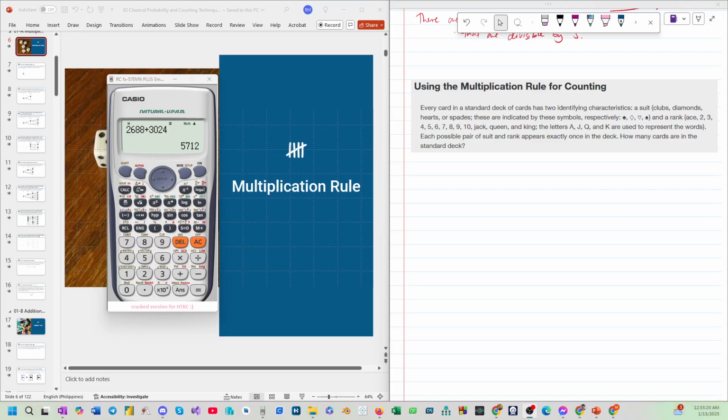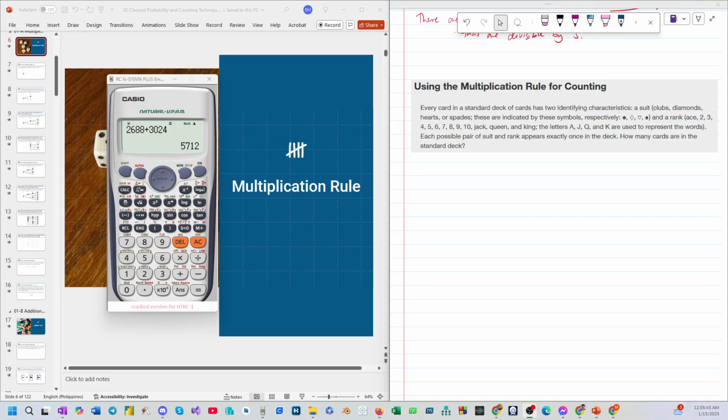Okay, the letters A, J, K, and Q are used to represent the words. So, ace is A, no, jack, king, and queen is J, K, Q, respectively. Okay, so each possible pair of suit and rank appears exactly once in the deck. So, how many cards are in the standard deck? So, bibilangin niyo lang muna, no?